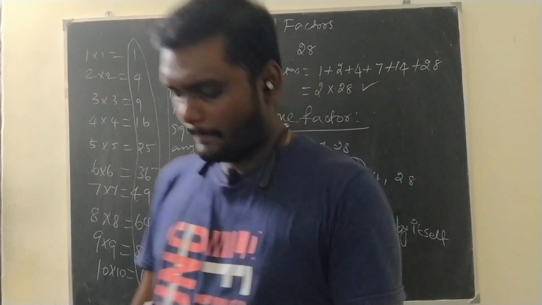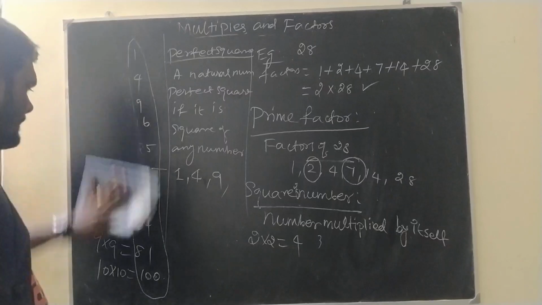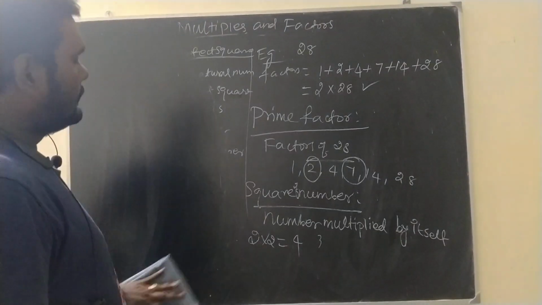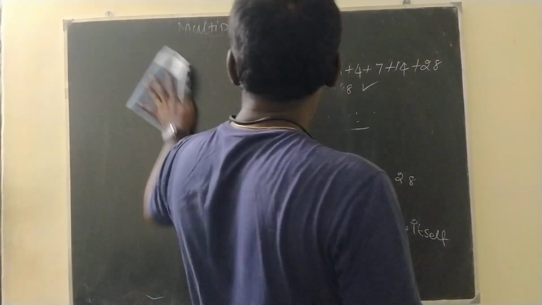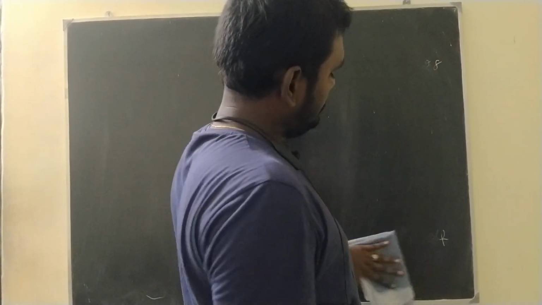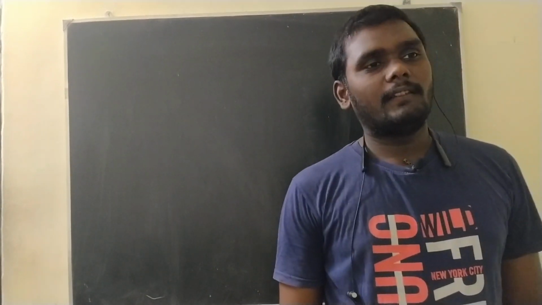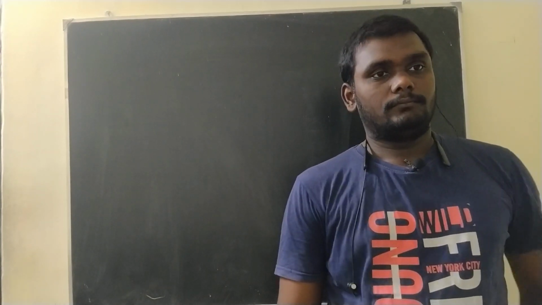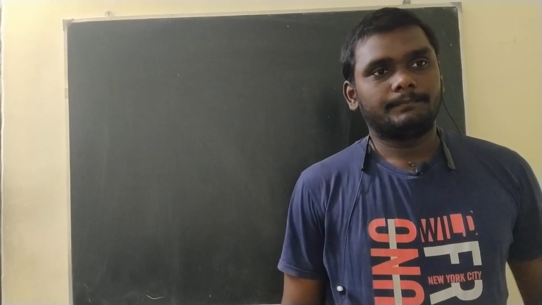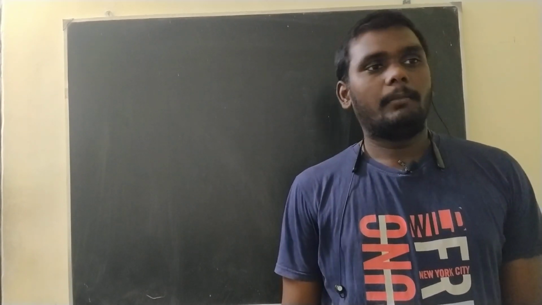Example. Okay. Square of a number. Square of a number is the number multiplied by itself.